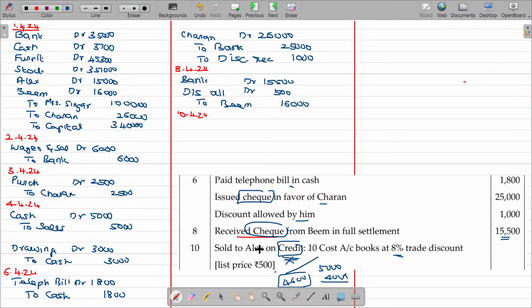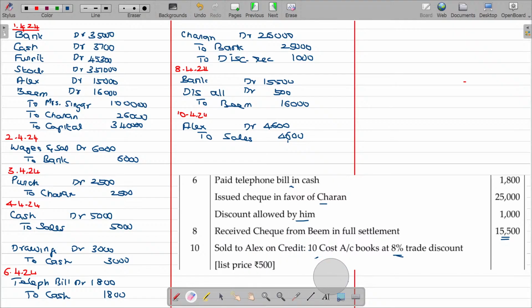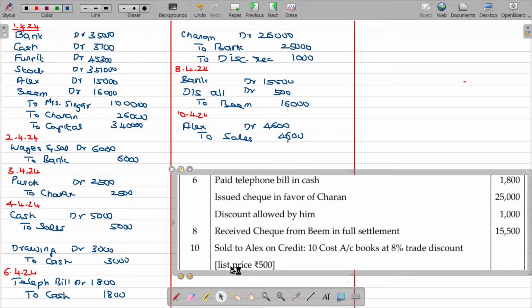Sales to Alex on credit, so we need to consider the name of the party. Alex account debit to sales. This value being 4,600. So we have completed the transactions up to 10th April.